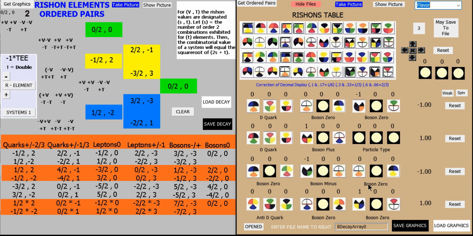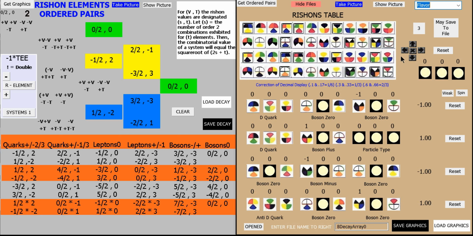And if we look here though, we have this neutral boson negating with this neutral boson and canceling the flavor charges for those bosons, leaving only the flavor charge of -1 on the anti-C quark, which is the predicted flavor charge for an anti-C quark.